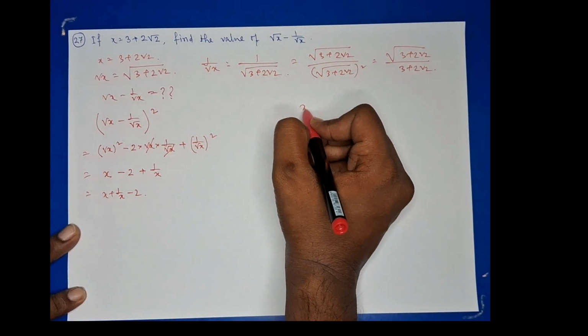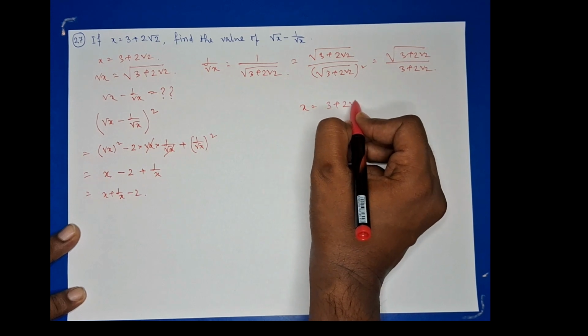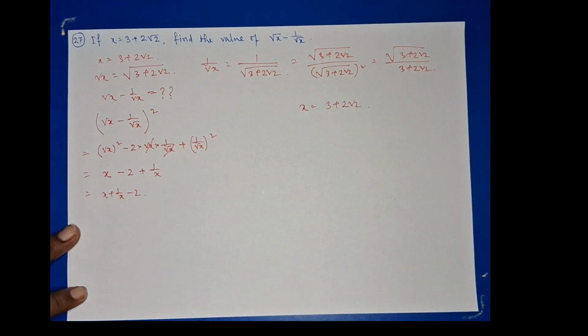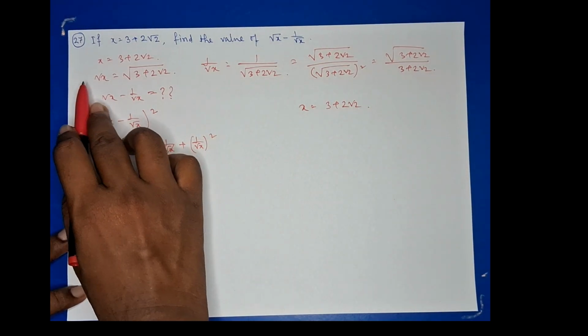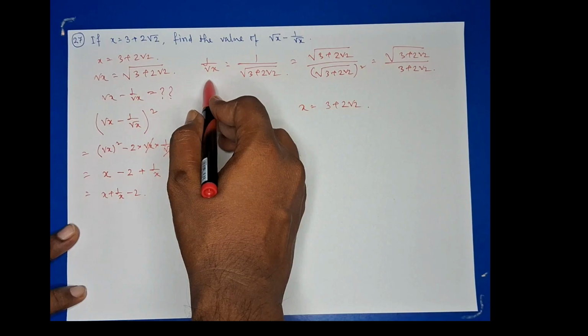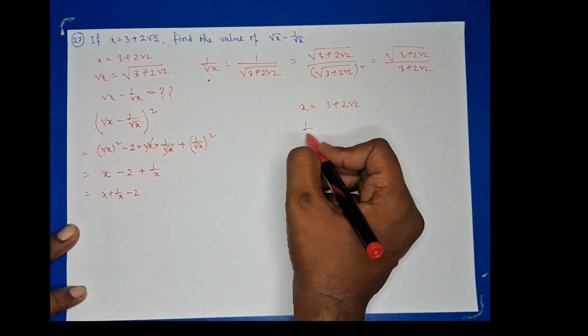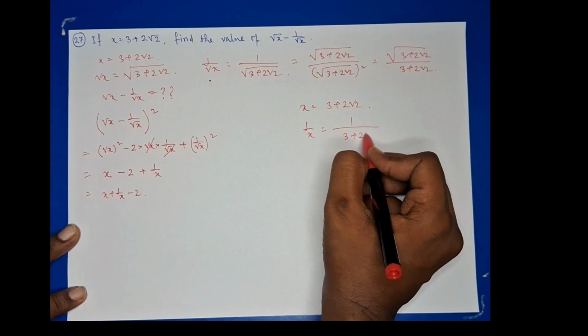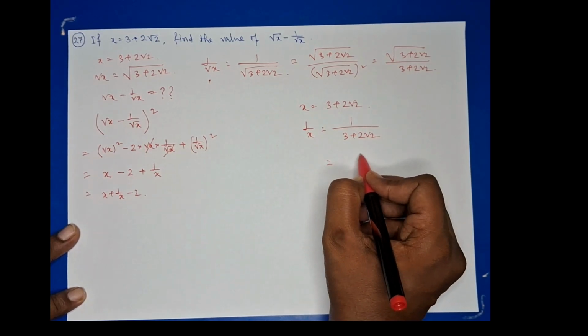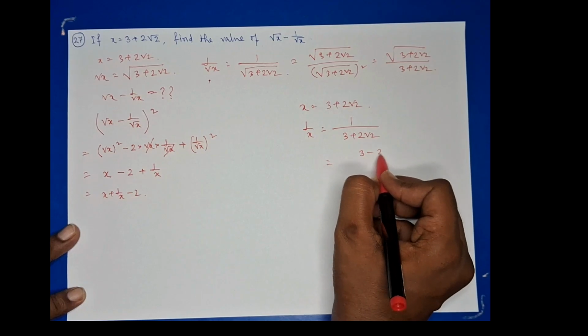We know x is equal to 3 plus 2 root 2. Instead of finding square root of x, or 1 by square root of x, it is difficult, so find 1 by x. This will be 1 by 3 plus 2 root 2, and to rationalize, we multiply numerator and denominator by 3 minus 2 root 2.